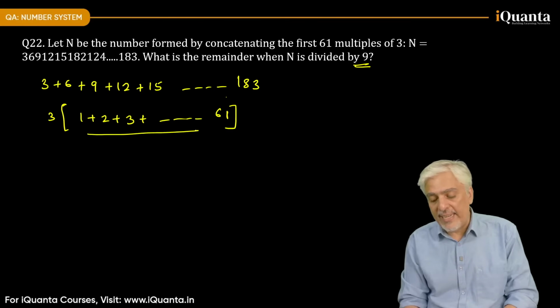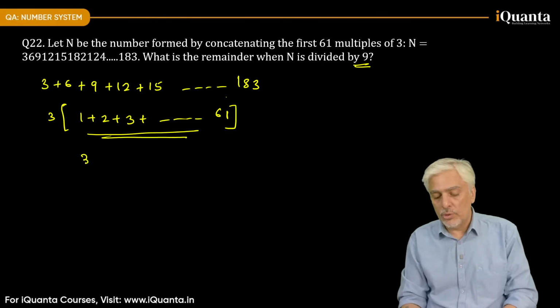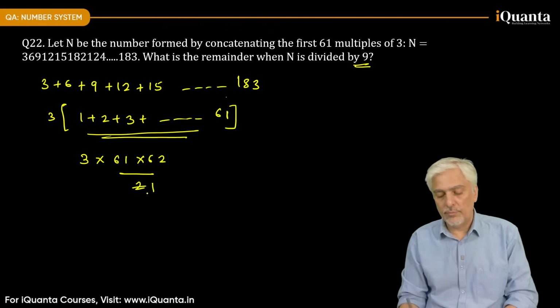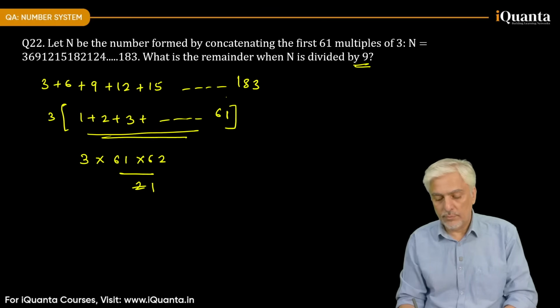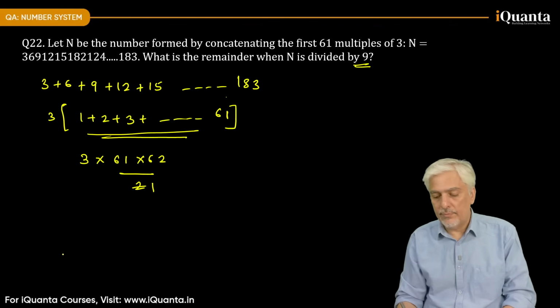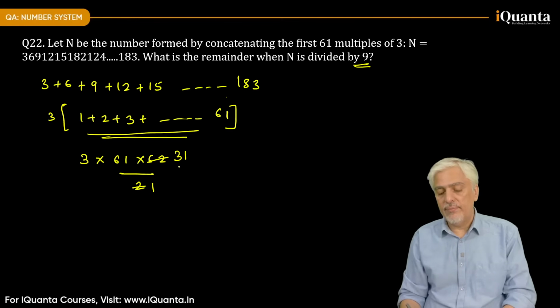This is nothing but n into n plus 1 upon 2. So 3 into 61 into 62 upon 2. Right? So this part is 31.